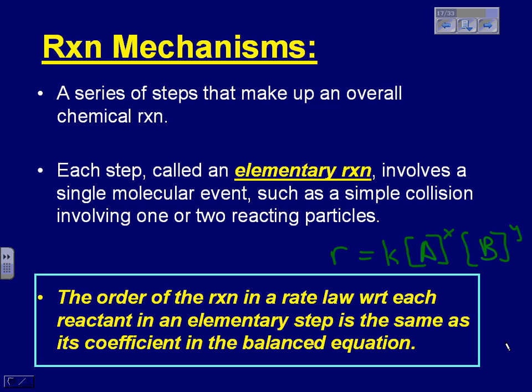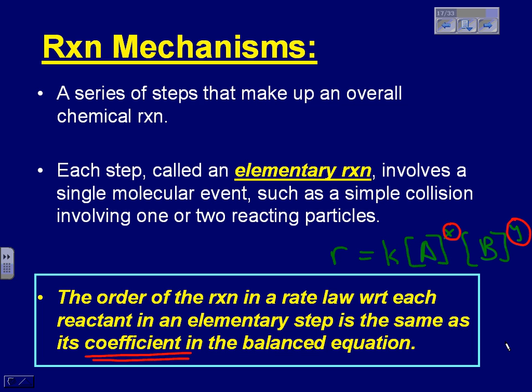Now, when we taught you about the rate law, we said that x and y could only be determined experimentally. And that was the experimental side. Remember, I talked about there being an experimental side and a theoretical side. Well, a reaction mechanism is a theoretical idea. And when it comes to elementary steps, we can get the x and the y directly from the coefficients. Now, this is different.